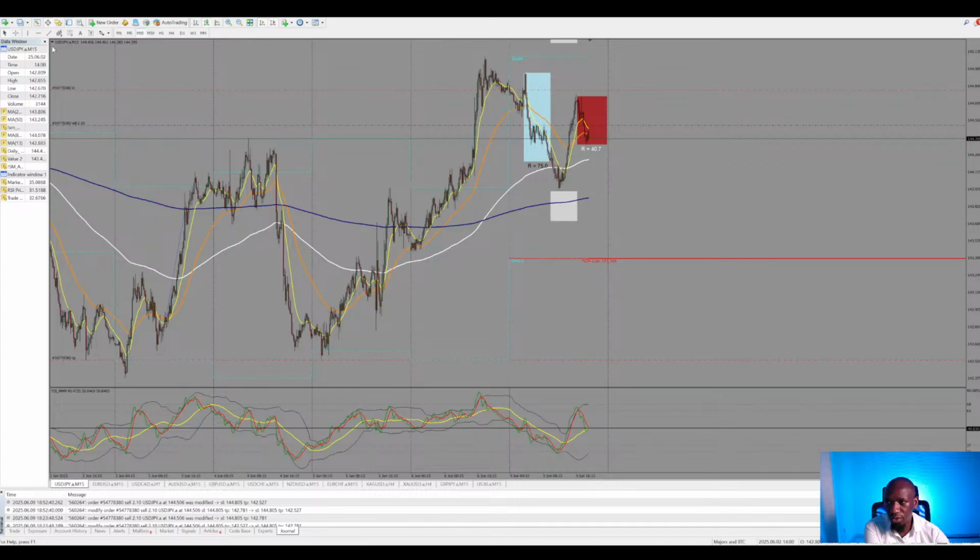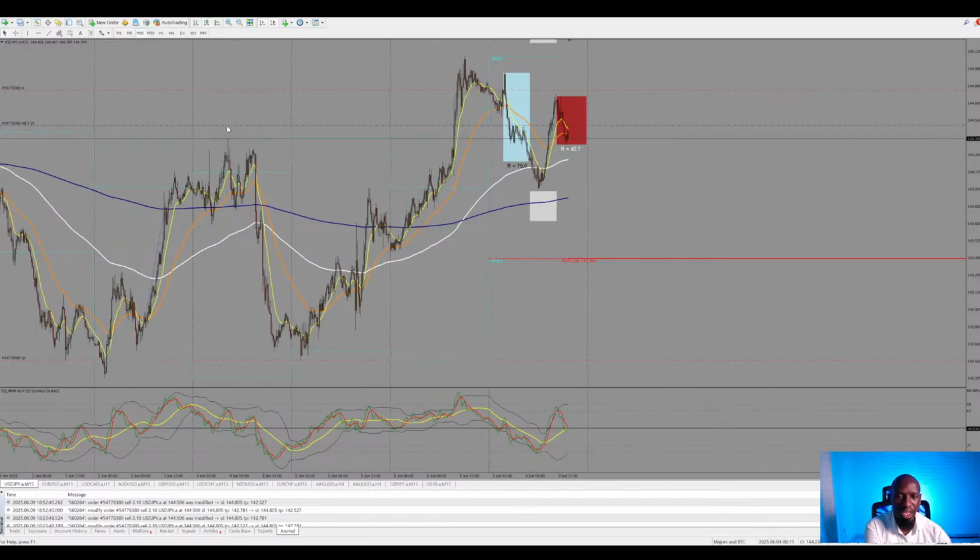To avoid going counter trend, it's important to learn how to identify the trend. As part of identifying the trend, we take an approach called a top-down approach. That means you look first at your weekly chart, then a daily time frame, going down to an H4 time frame.